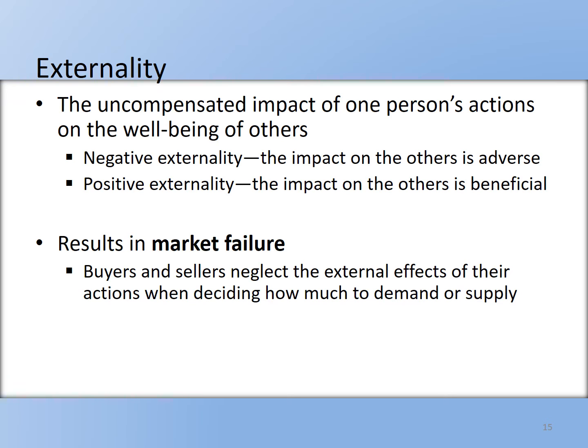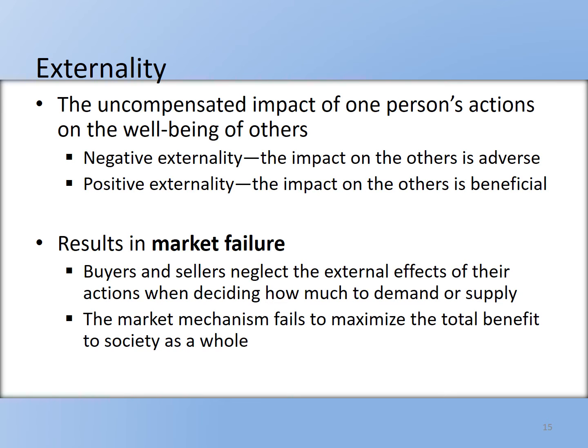So the market mechanism failed in this case, and we want to think about what you can do, right? And actually, competition often makes matters worse. This is actually the worst thing about externalities. It actually makes things worse. Think about pollution, right?